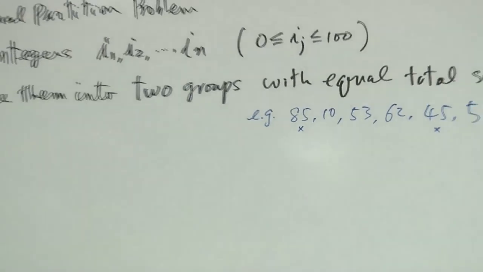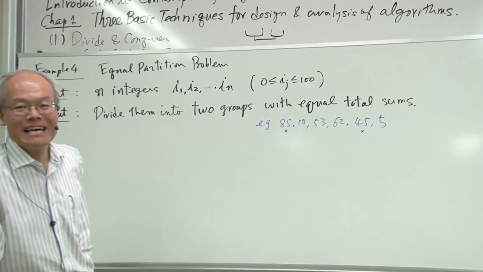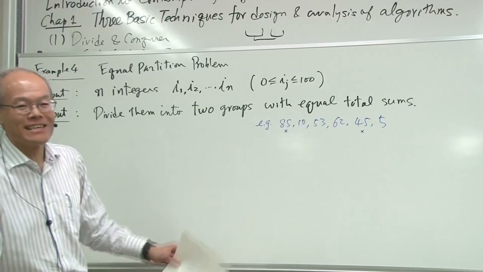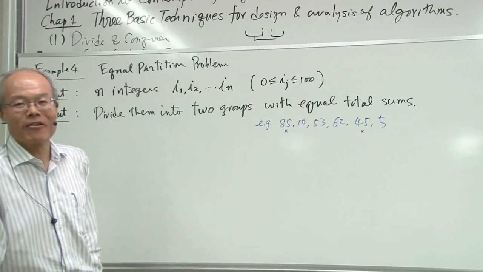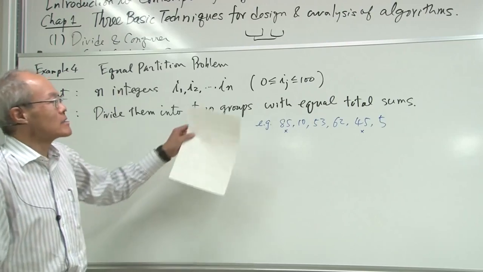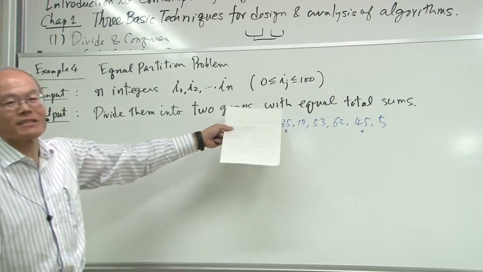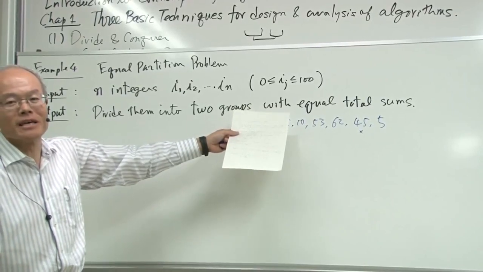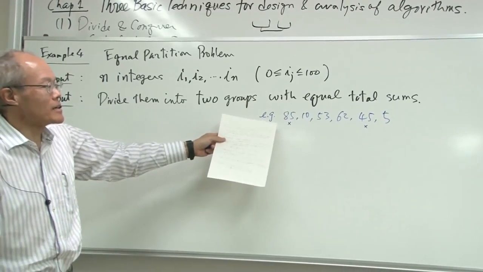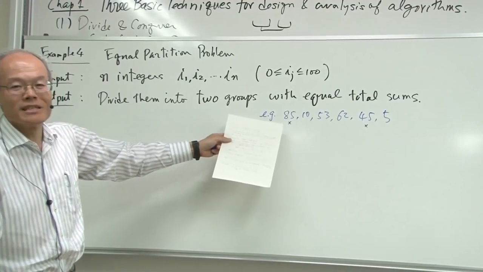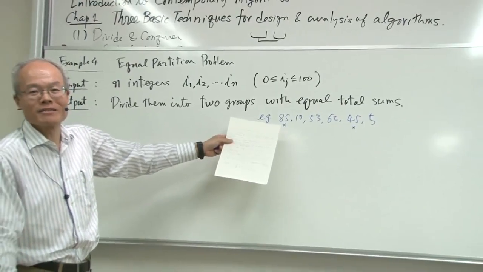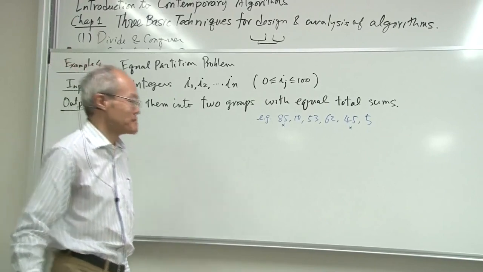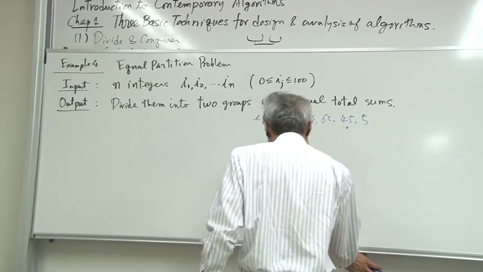Yes, I think the sum of the other group is also 130. The number of numbers in the two groups may not be equal. In this case, one group has 2 numbers, the other group has 4 numbers. So we don't care about the size of the groups.